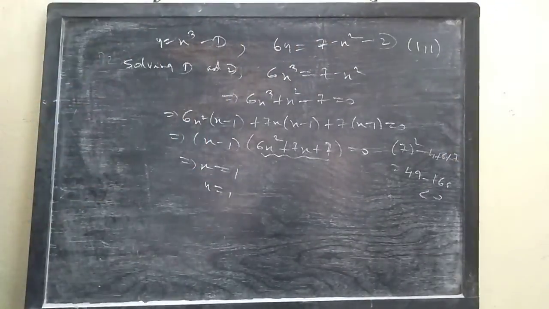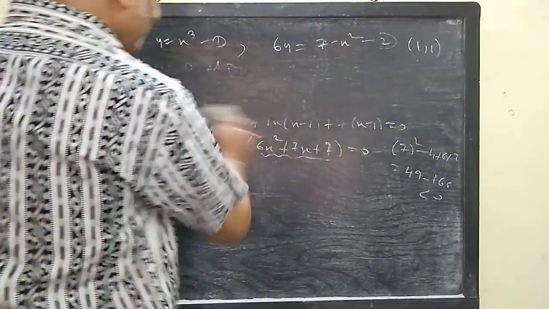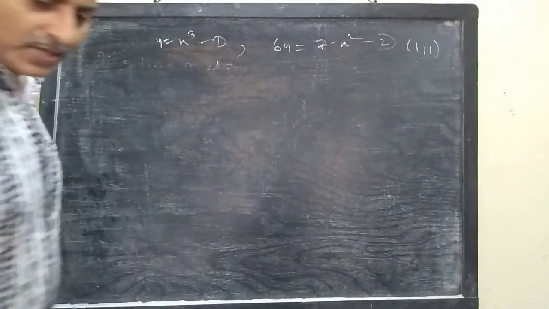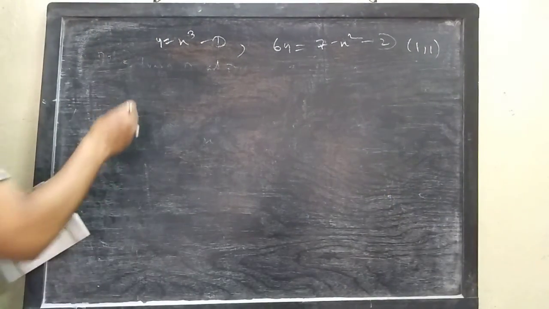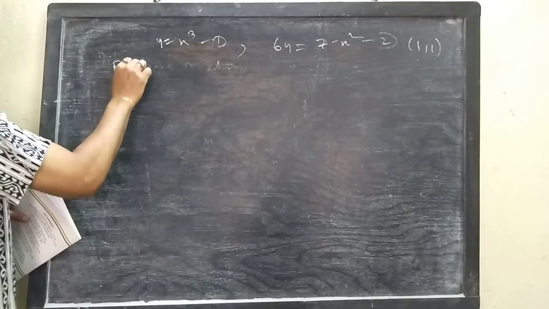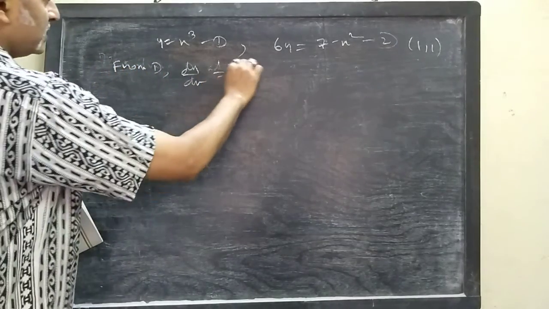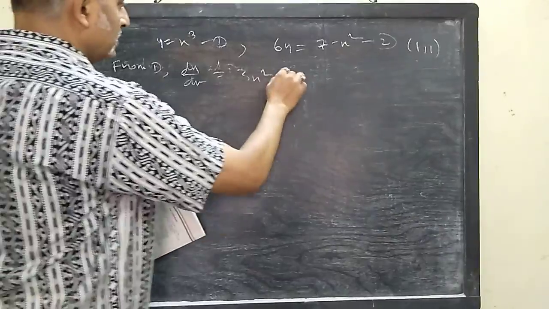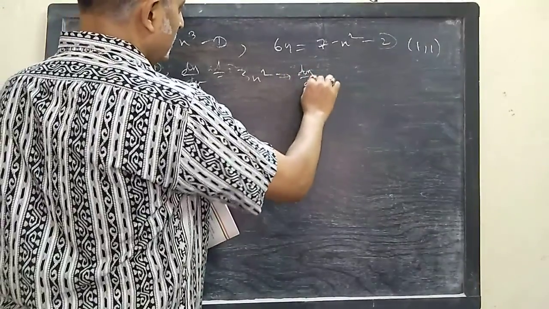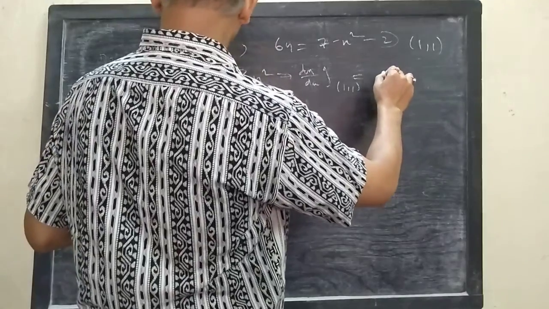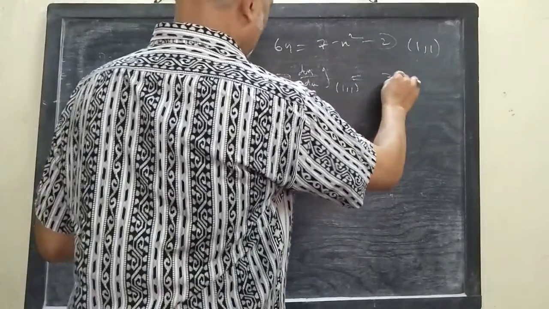So our next duty is to find dy/dx at their point of intersection. For this, from 1 we have dy/dx equals 3x square. That means dy/dx at (1, 1) will be 3.